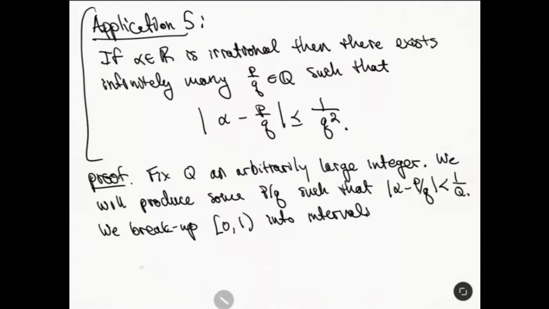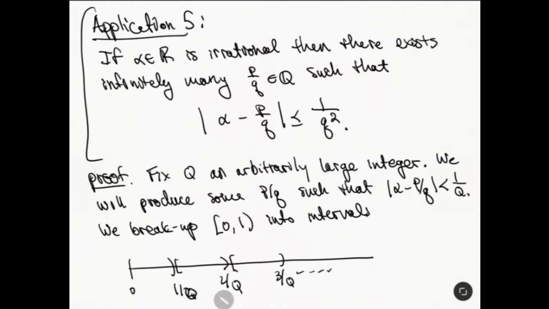So here's 0, and here's 1 over Q, and then we can do 1 over Q to 2 over Q, and then 2 over Q to 3 over Q, and so on. We break this up into Q, so eventually we get to 1. So this will be Q holes here.